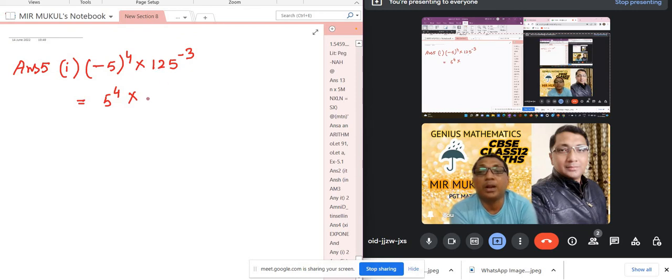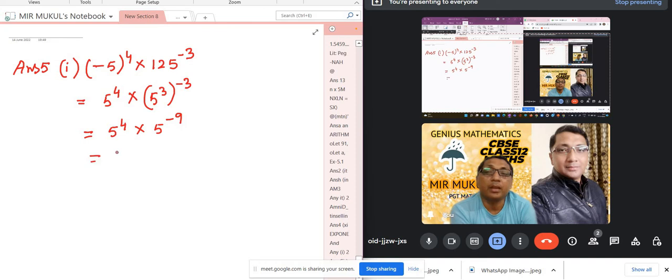And here 125, if you factorize, can be written as 5 to the power 3, to the power minus 3. Now power to the power, so the powers will be multiplied according to the law. 3 into minus 3 is minus 9.